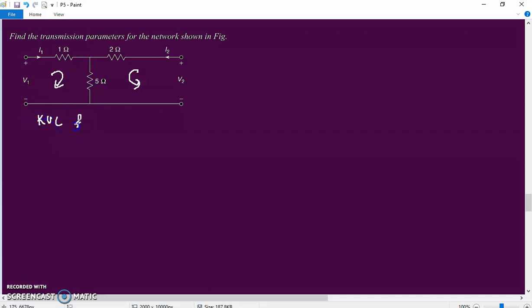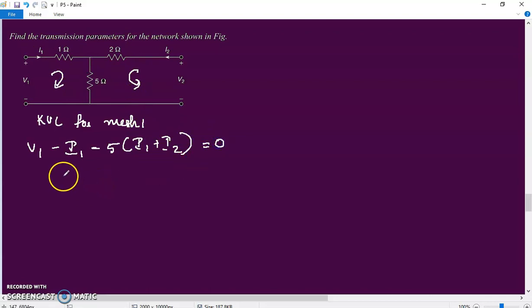KVL for mesh 1: V1 minus I1 minus 5 into (I1 plus I2) is equal to 0. That is V1 is equal to 6I1 plus 5I2. It will be equation number 1.